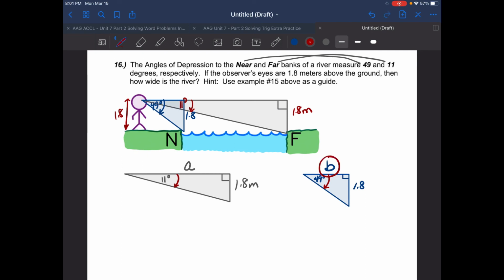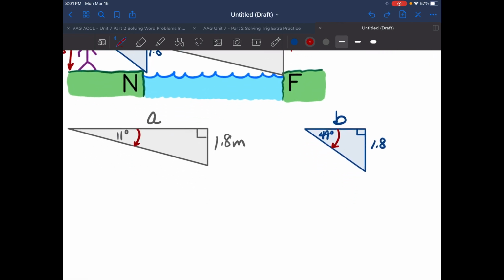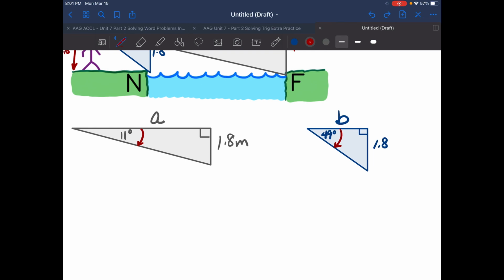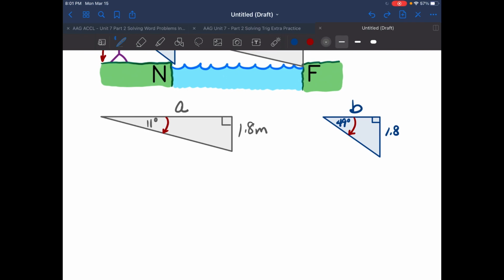Ladies and gentlemen, how will we find the width of the river? We're going to use A minus B. I'd like to write two equations, and they're going to be the same types of equations. What trig function will we use for both of these examples? Correct, we're going to use tangent.